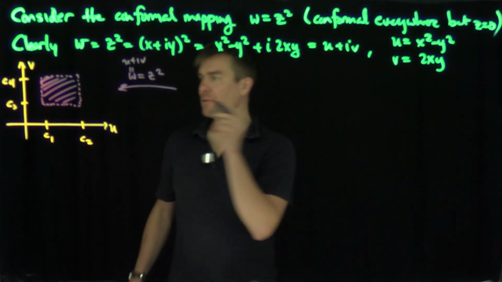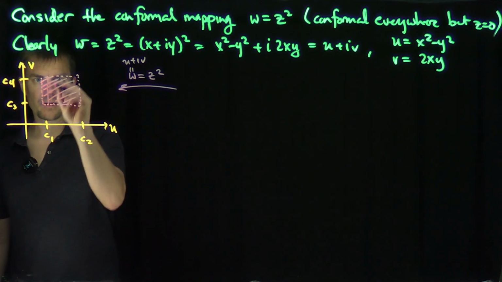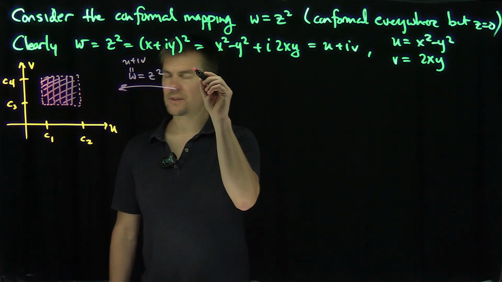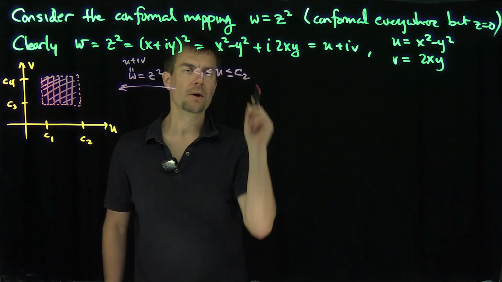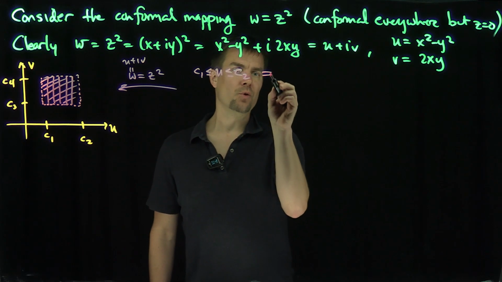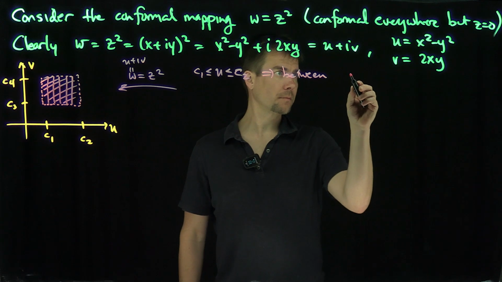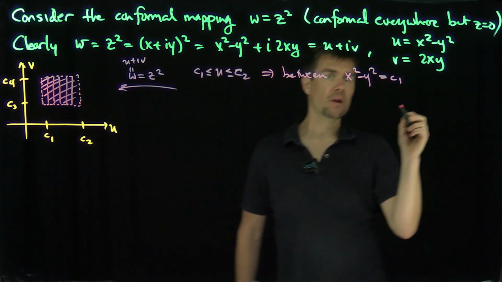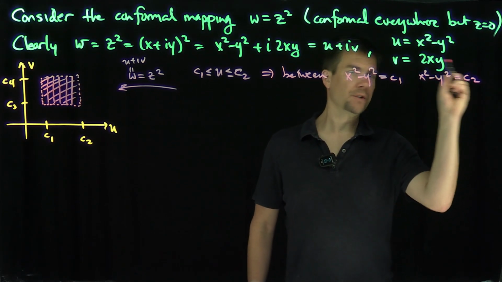So note that if u is between c1 and c2, c1 less than or equal to u less than or equal to c2, what would that say? That would say that you're between what curves? You're between the curves x squared minus y squared equals c1 and x squared minus y squared equals c2.